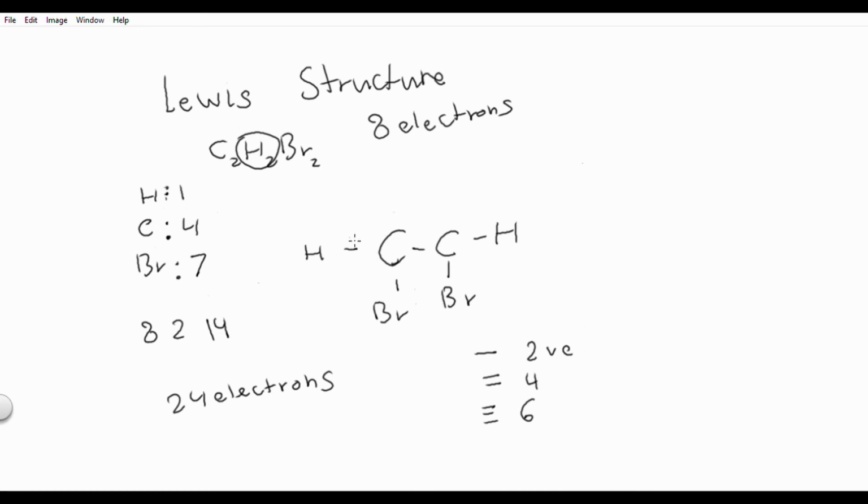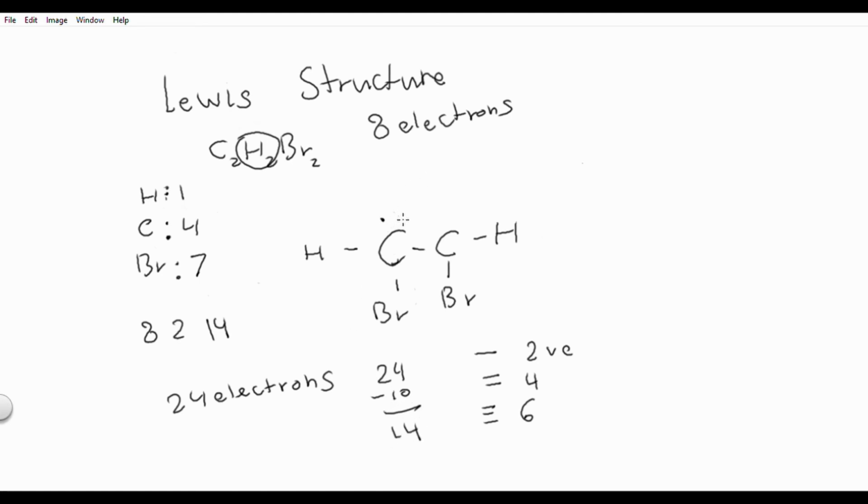And so let me go to the first step. When we are drawing the Lewis structure, go with the single bond. Never go with double bond or triple bond at the very start. I'll show you why later on, but basically just go with single bond. Trust me on that one. And what we have is 5 single bonds, so that makes it 10 valence electrons. So 24 minus 10 will be 14, and we have 14 remaining.